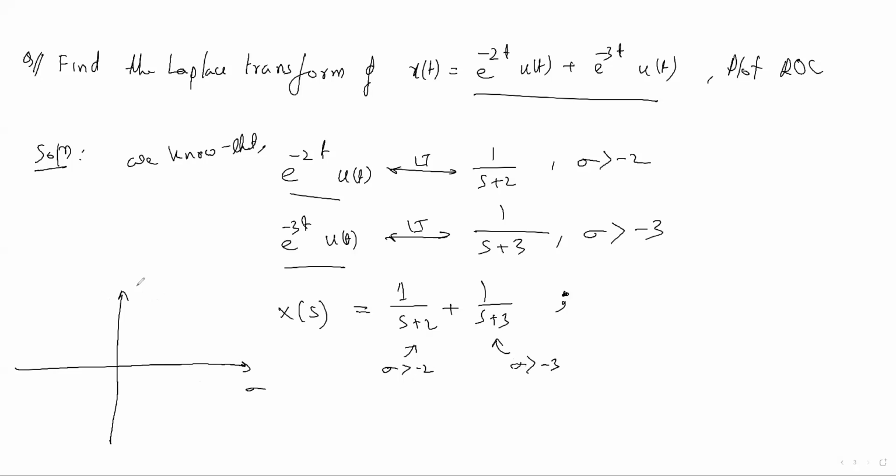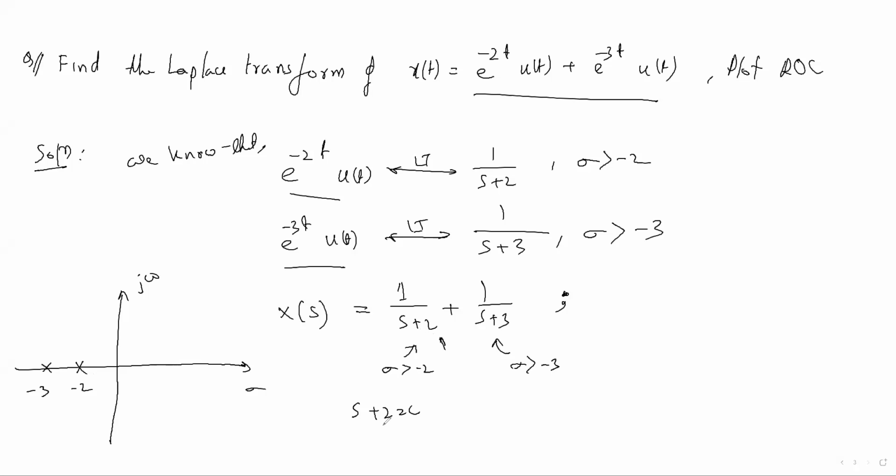So sigma here, j omega here. Two poles are there for the signal. One is this, another is this. There is no zero. So one pole is at minus 2, isn't it? Are you following how we can find the poles? We find poles by equating the denominator polynomial to zero; its roots are called poles.